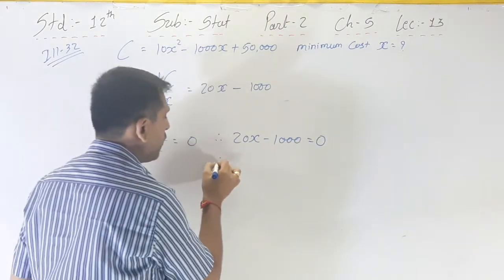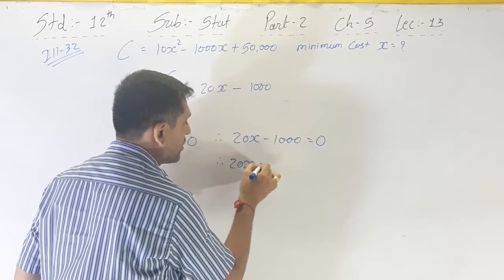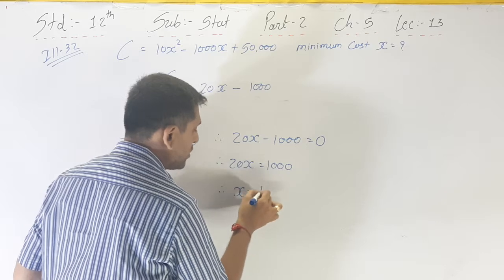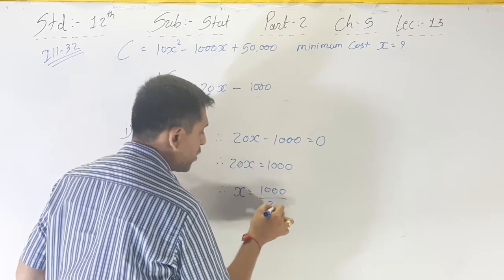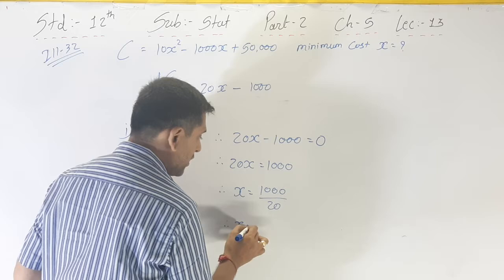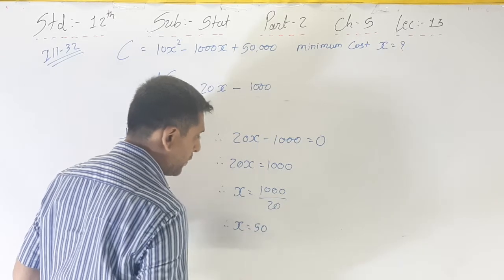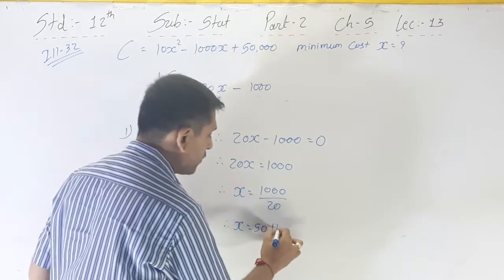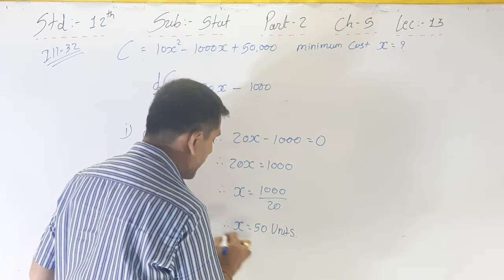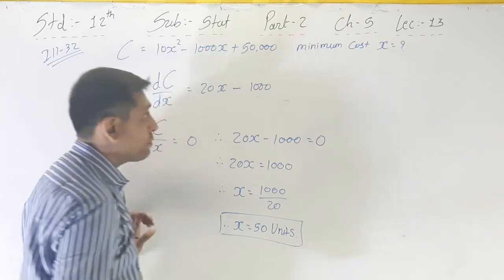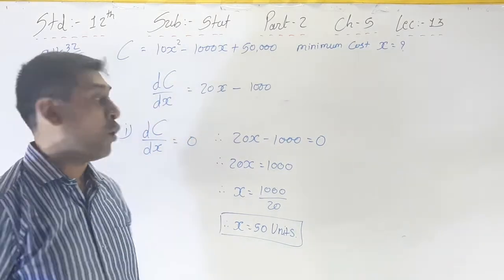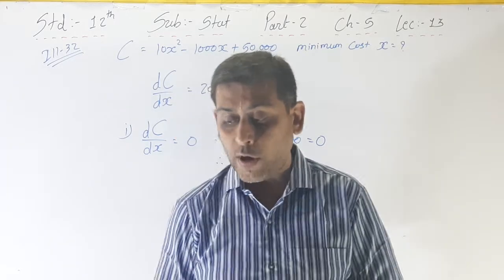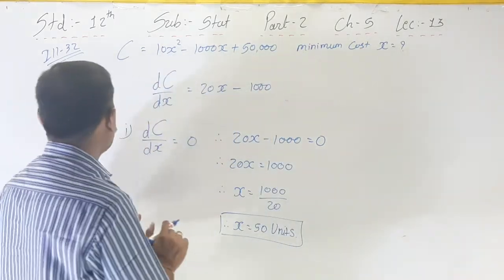Therefore 20x is equal to 1000. So x is equal to 1000 divided by 20. So x is equal to 50. x is equal to 50 units. How many units do we have to produce? 50 units. But is it confirmed? No. We have to apply the second condition also. What is the second condition? See that here.